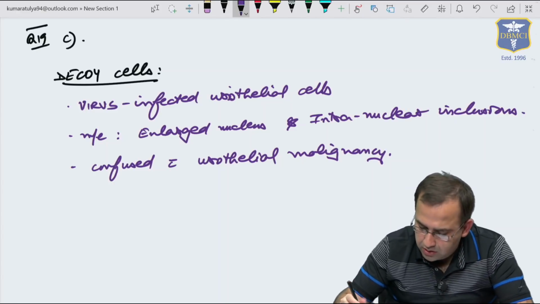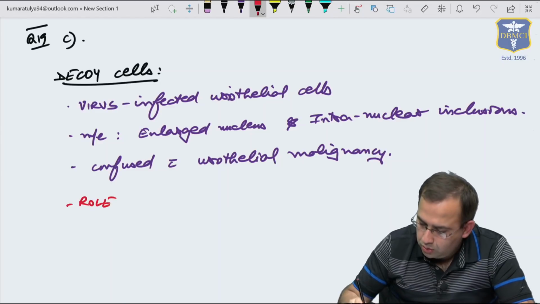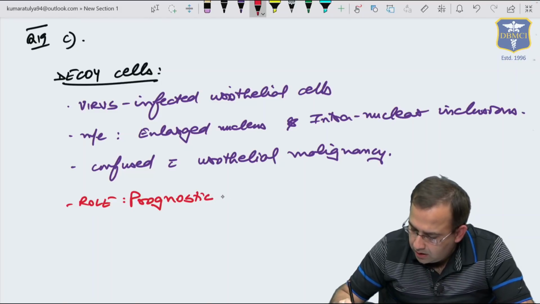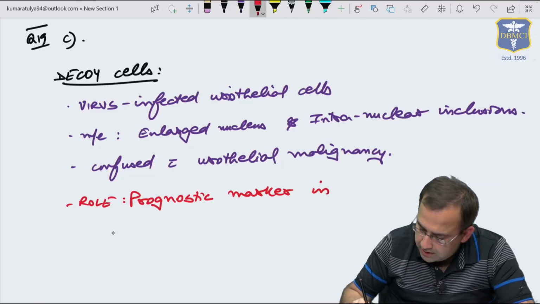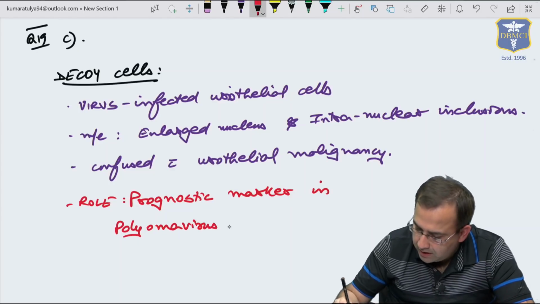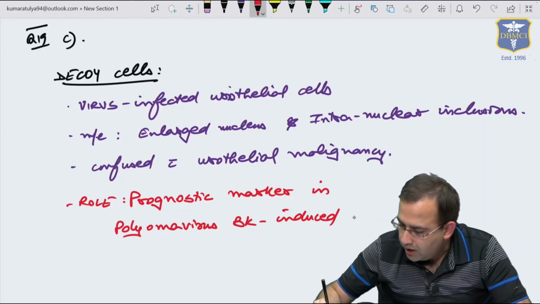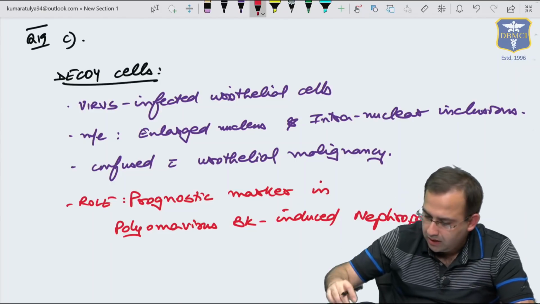Next, they are used as a prognostic marker. They are a prognostic marker in polyomavirus BK induced nephropathy.